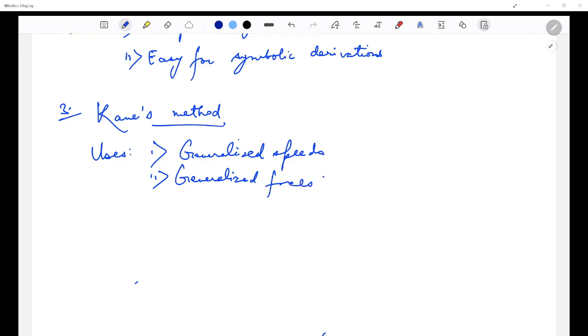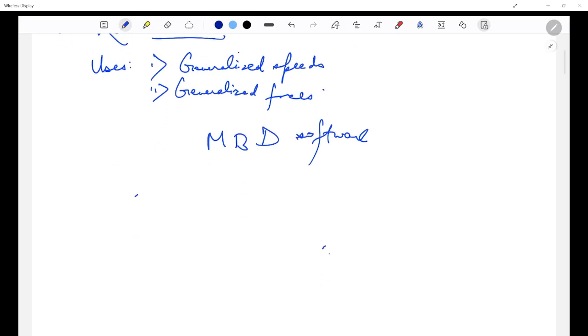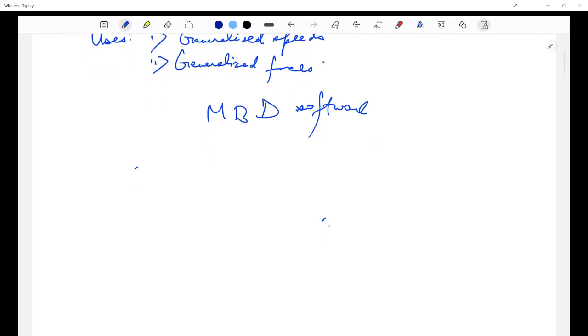It is often used in multi-body dynamics software. Okay. So there are two fundamental problems in robot dynamics: direct dynamics and inverse dynamics. Okay. So okay, I should write this.